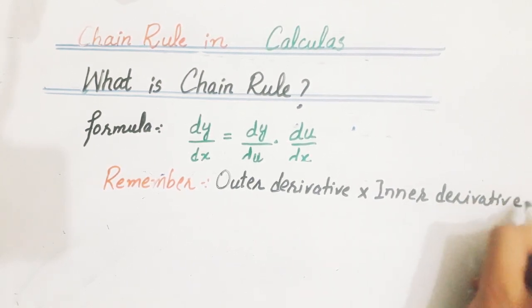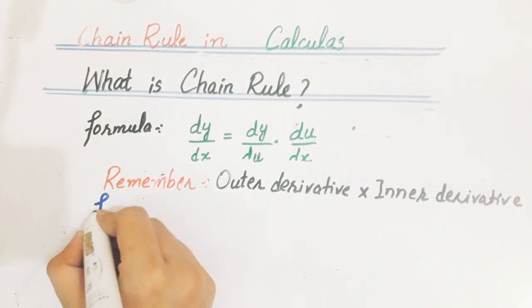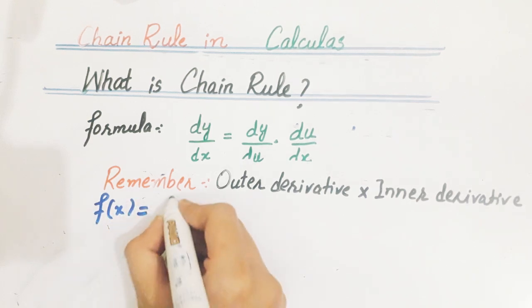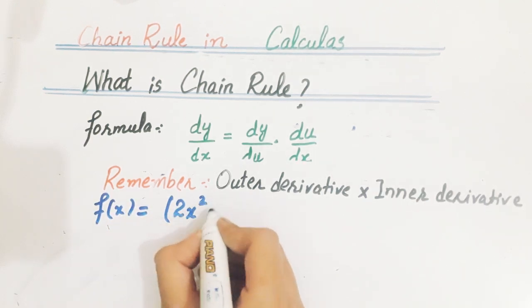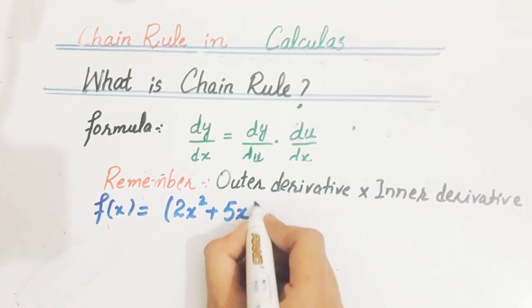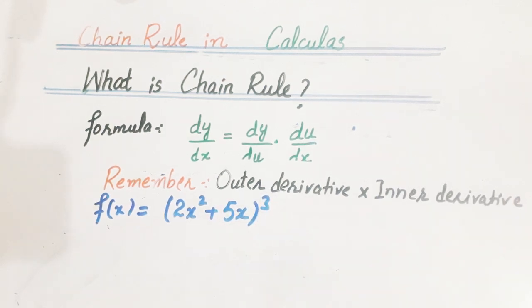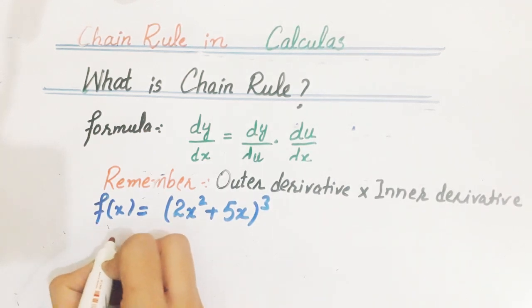Now I will solve an example to elaborate this. If the function f of x equals (2x square plus 5x) whole power cube. So step 1 is to identify the inner and outer.